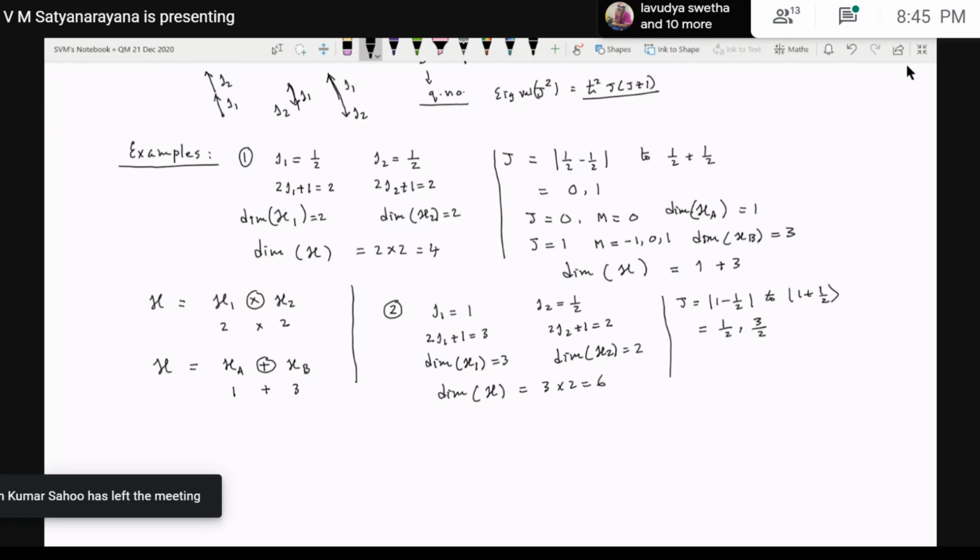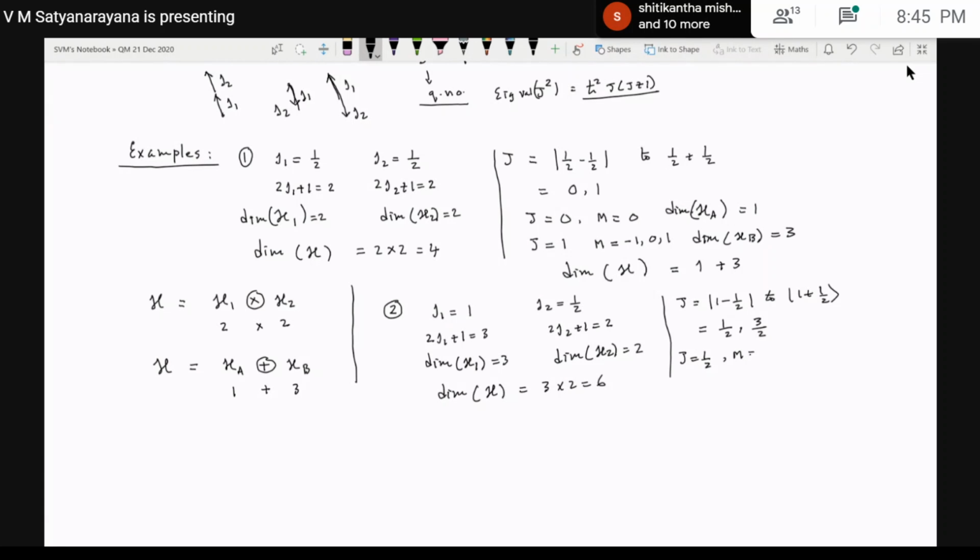Now suppose you take J equal to 1 by 2, then M can be minus half and plus half. So the dimension of HA is equal to 2 here. And if you take J equal to 3 by 2, then M can be minus 3 by 2, minus half, half, and 3 by 2, in which case the dimension of HB is equal to 4.